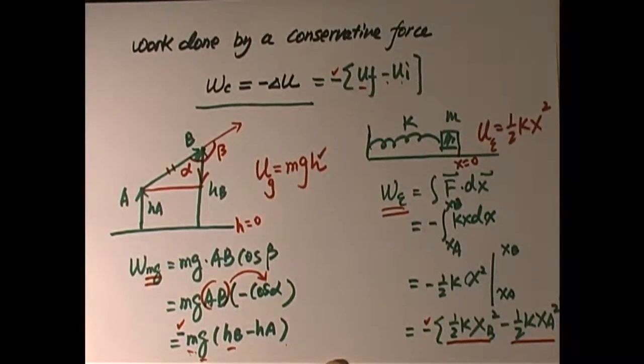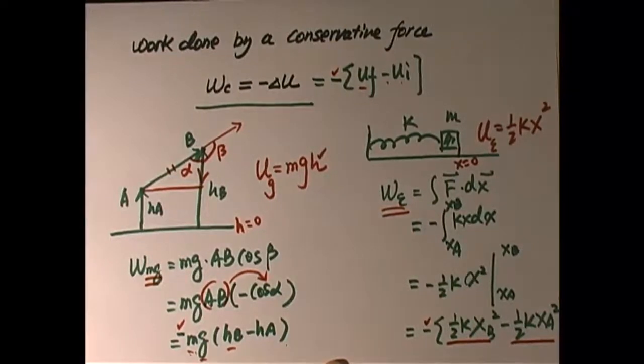And what is the height from the center of the table to the floor? Maybe 1 meter, that is to the floor. And the floor maybe is on the 5th floor from the bottom of the building. But if the building is on a hill and it is a couple hundred or even more meters above the sea level, and you can even take the center of the earth as h equals 0.